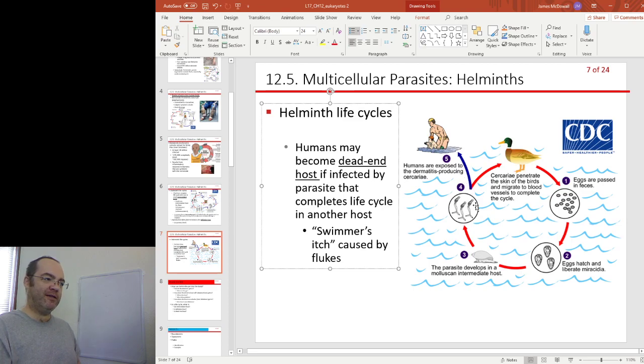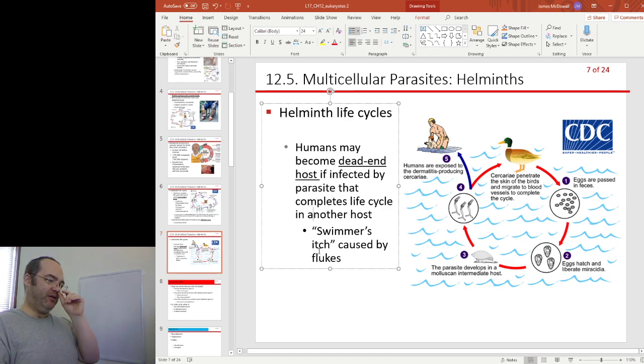So if a human's splashing around in the water, it'll infect them just as well. But if the human does get infected, then the parasite is stuck. It kind of gets lost inside the human and it can't get out. So whilst the human is affected, the parasite is also affected in the fact that it will die and it won't be able to complete its life cycle.